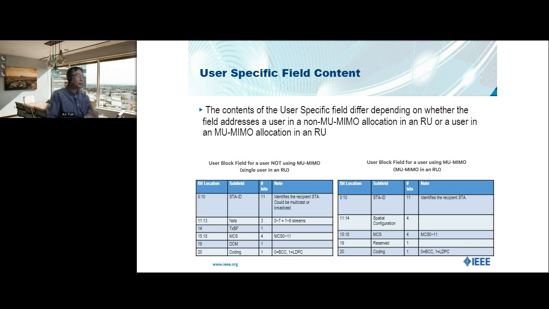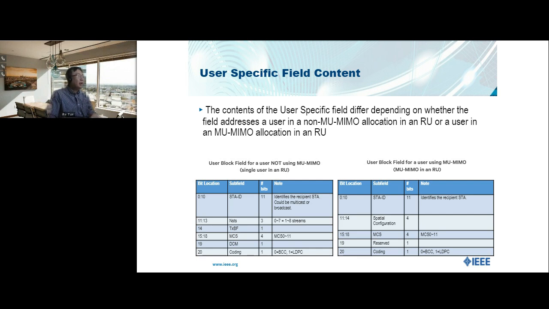The user-specific content depends on whether the RU is used for non-MU-MIMO allocation. In other words, the RU is purely OFDMA with only one transmission in that RU, or the RU is for MU-MIMO transmission.